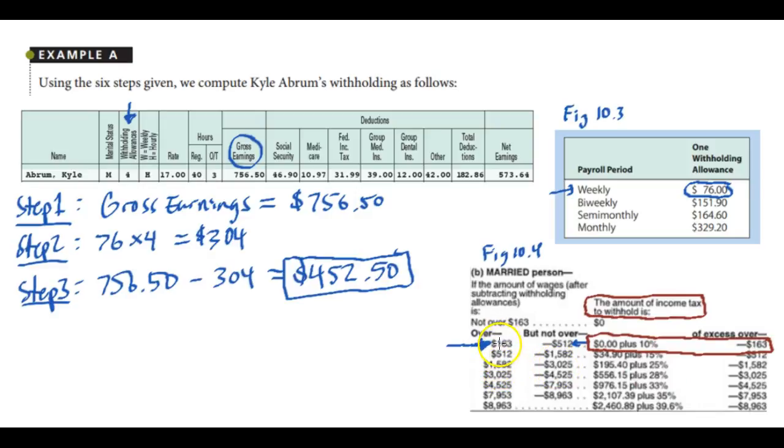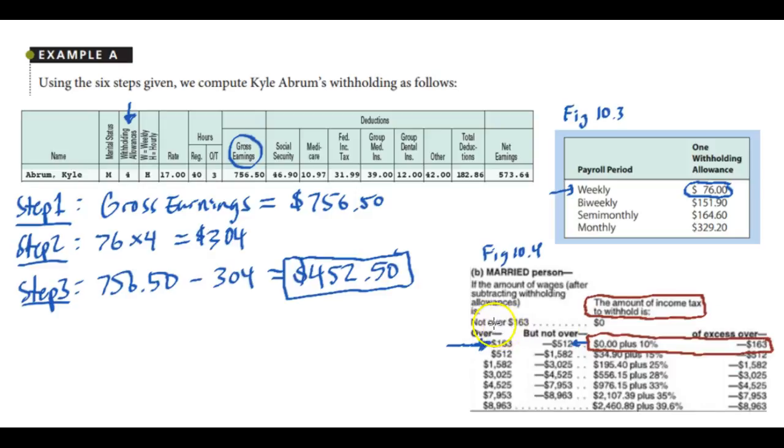The money you make from 163 to 512 is taxed 10%. Then the money you make from 512 to 1582 is at 15%. So you're taxed at all these rates below 25%. It's only the amount in this interval that's going to be taxed 25% if you're in the third tax bracket. So that's why you don't just take 10% and multiply it by the amount you make. We have to actually break it down.